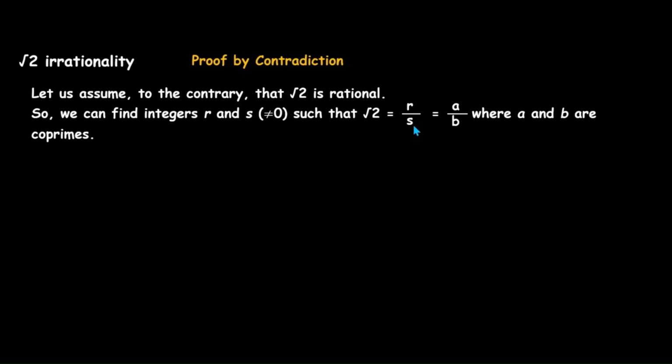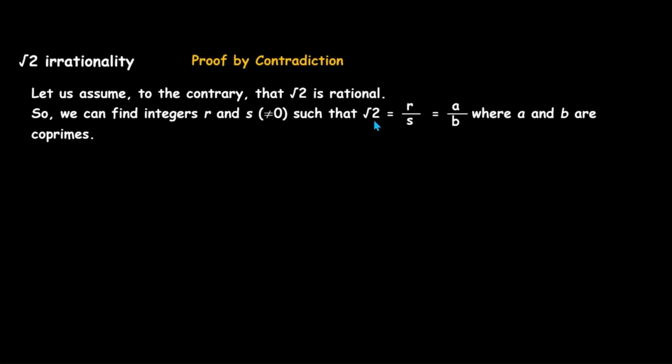And if it is not in the simplest form, reduce it to simplest form, a by b. And in this simplest form, a and b would be co-primes. And we know that when two numbers are co-prime, their HCF would always be 1 and only 1. They have only 1 as the highest common factor and no other number.